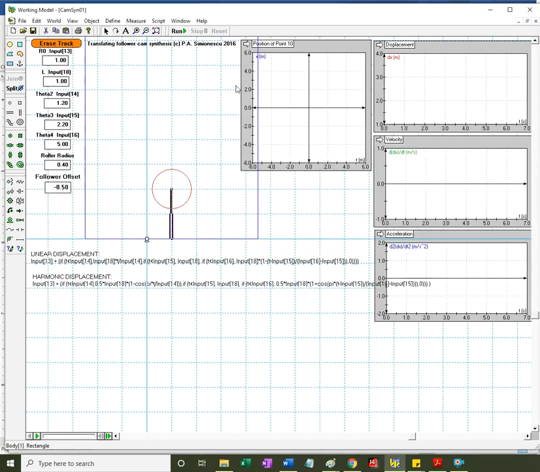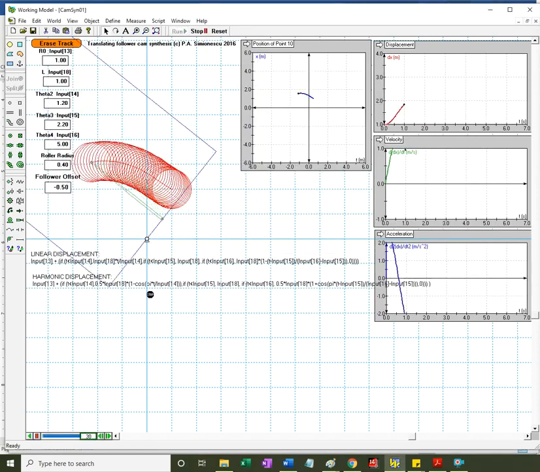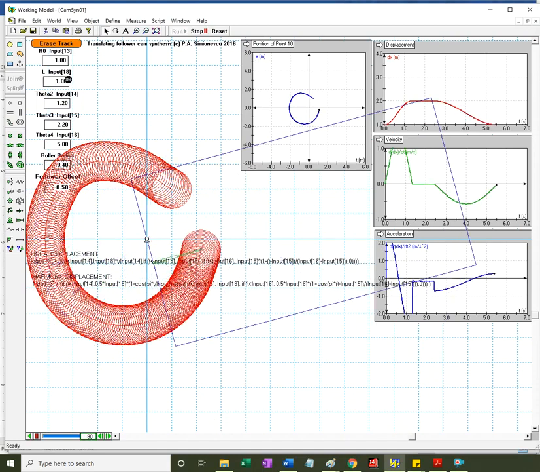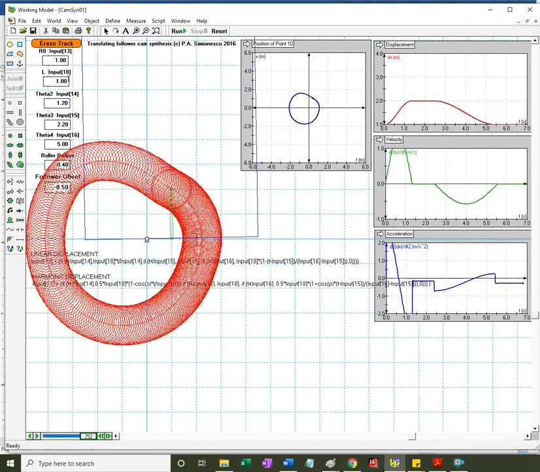And now we're going to have the same parameters, radius of the roller, and when the dwell starts, where it ends, and rising. So same phases, but the blending in is visible on the shape of the cam. The blending in is visible on the follower motion.